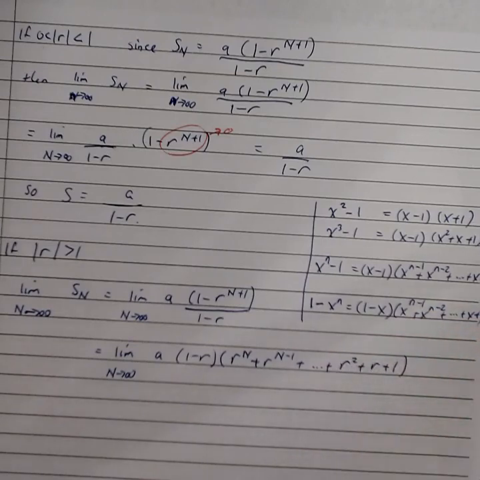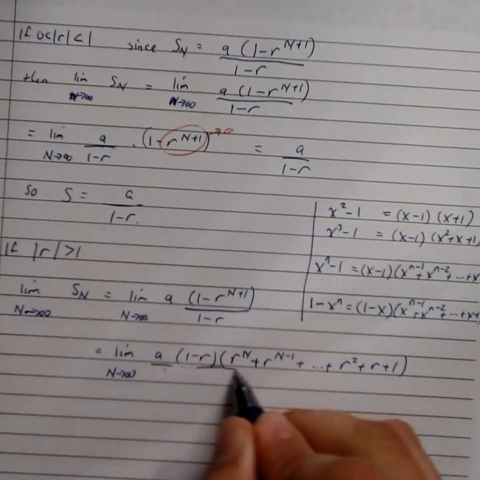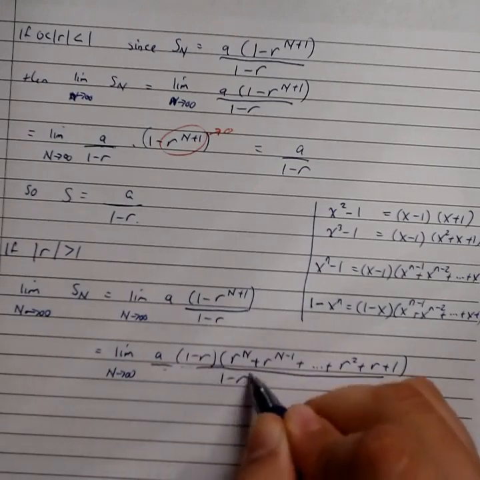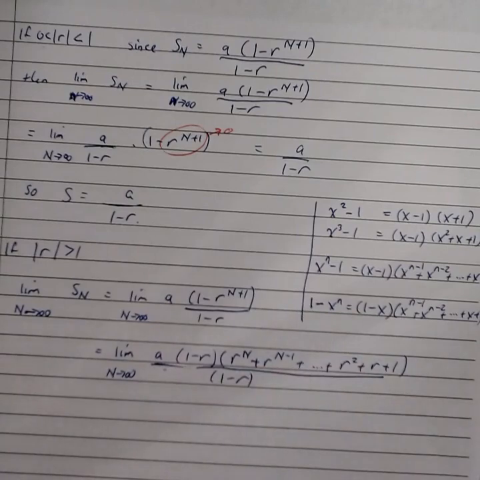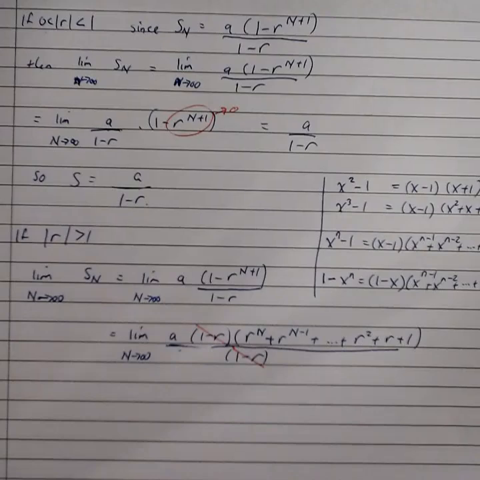Just like that. And then, of course, that whole thing is divided by 1 minus r. Oh, but look, those two divide away, there and there. And now we're left with just a polynomial.